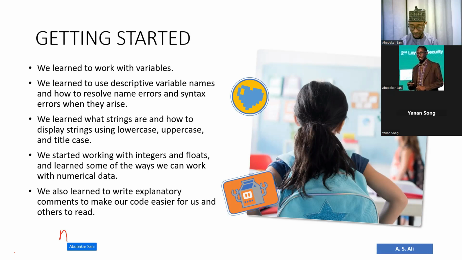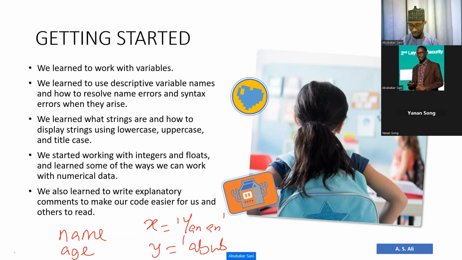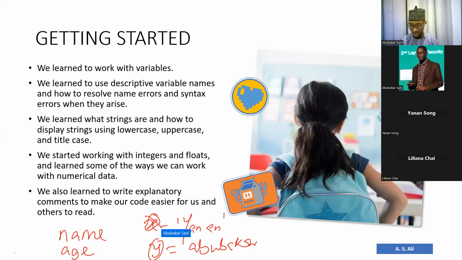For example, name is a good variable name, and age, if you want to know the age of that individual. These are very good ways of naming. We want to avoid things like x equals Yanan or y equals Abubakar.